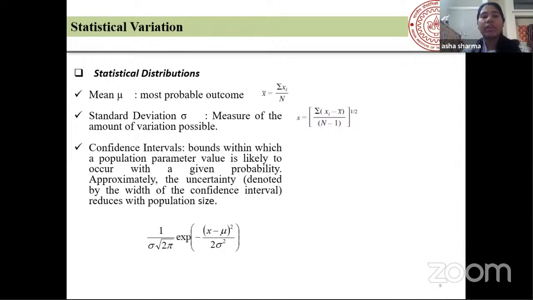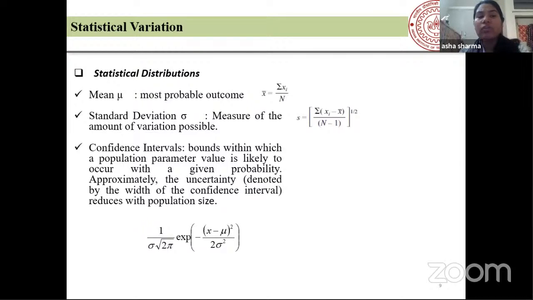We have a number of samples, so we calculate the average value of the breakdown for those samples and the standard deviation. We can't get an infinite number of specimens, only a finite number. So these estimates, the average value x bar and the standard deviation s, may differ from the mean value and the standard deviation.